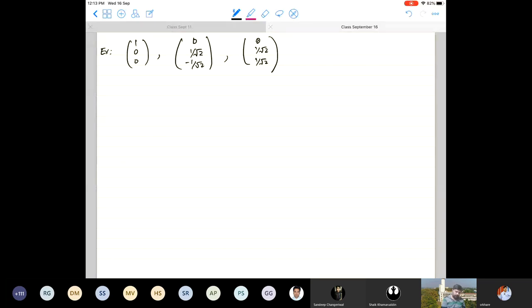So this together is an orthonormal collection. Will you be able to check quickly? Yes, sir. It's very straightforward, right? So they will form an orthonormal collection. So this is another example of an orthonormal collection of vectors.